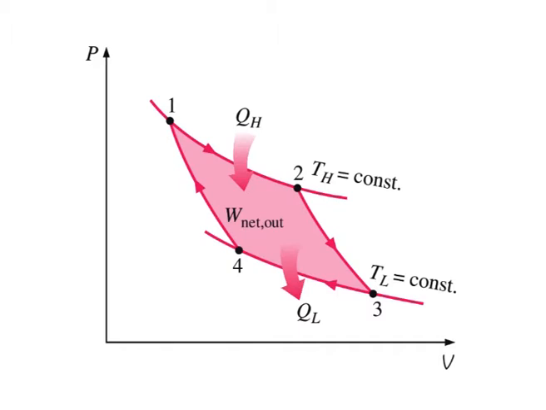By doing so, we would save QL, but we would not be able to obtain any net work output from this engine. This illustrates once more the necessity of a heat engine exchanging heat with at least two reservoirs at different temperatures to operate in a cycle and produce a net amount of work.